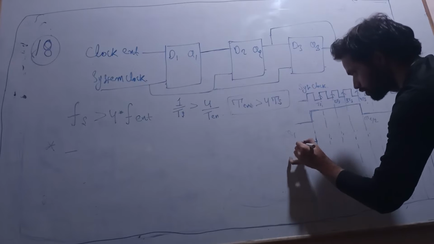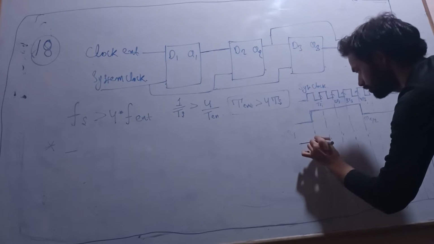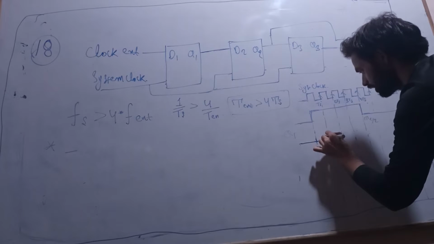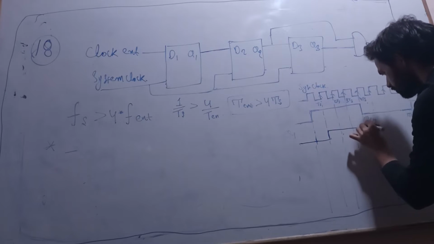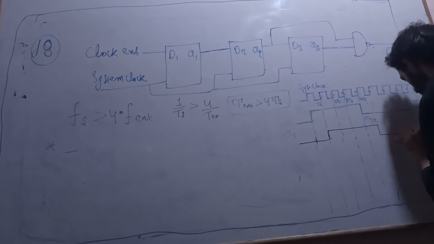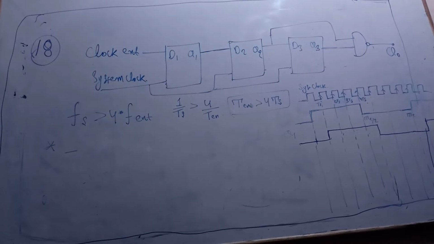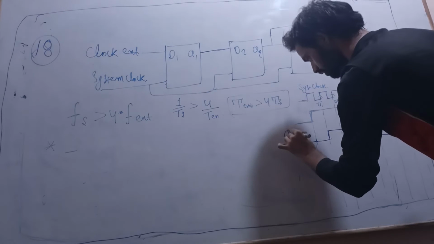At the output, this Q1 will get delayed by 1 cycle up to this, then next it will get delayed by 1 cycle. So this is for Q1.